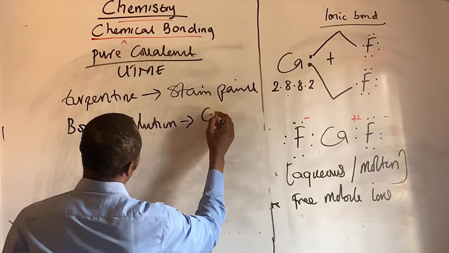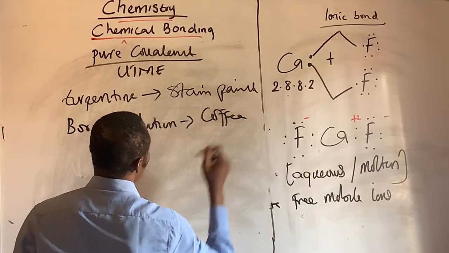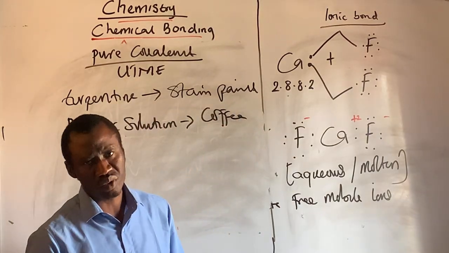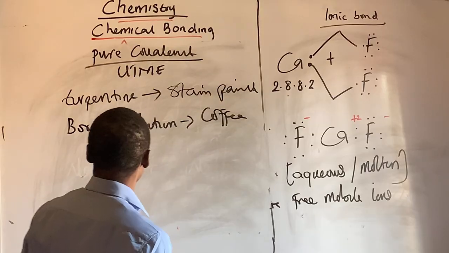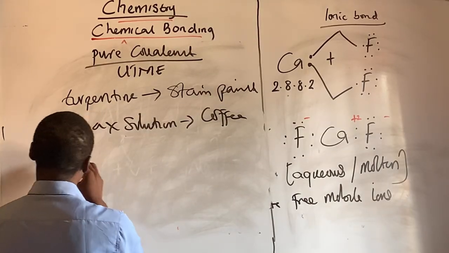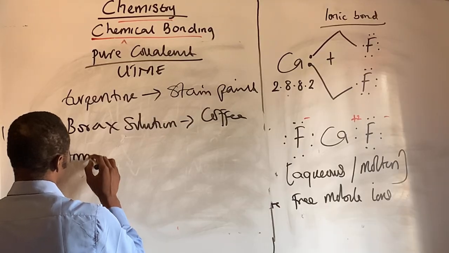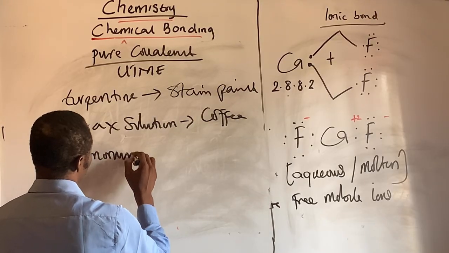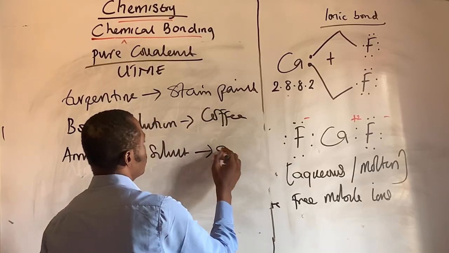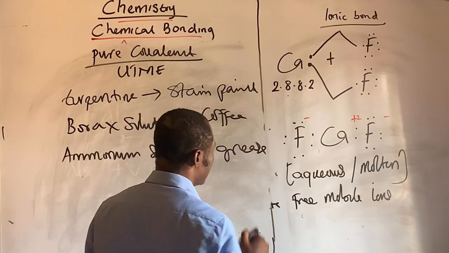Now, the borax solution is used to remove coffee stain. Turpentine removes stain from paint, borax solution removes coffee stain. Finally, the ammonia solution is used to remove the stain of grease.